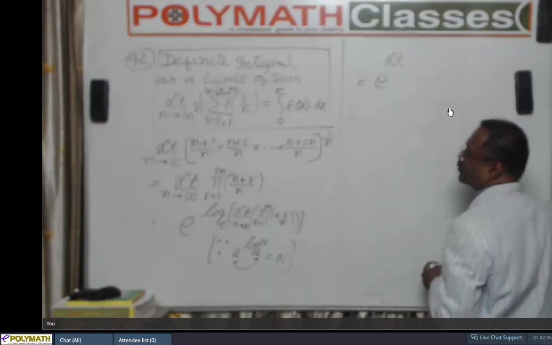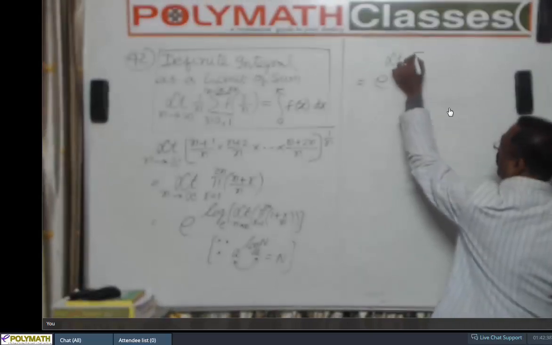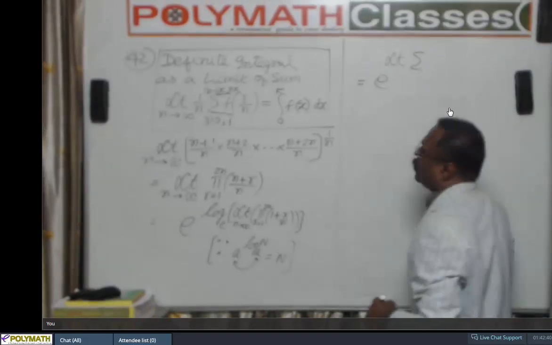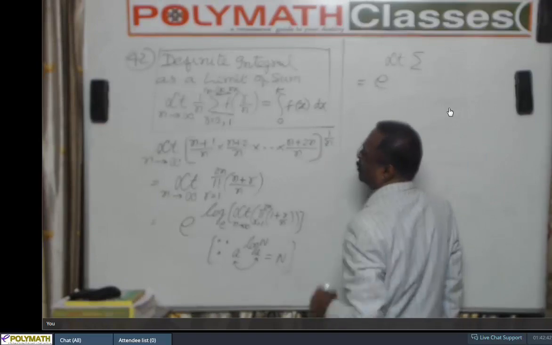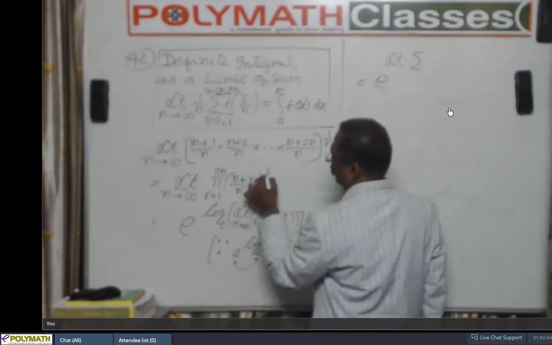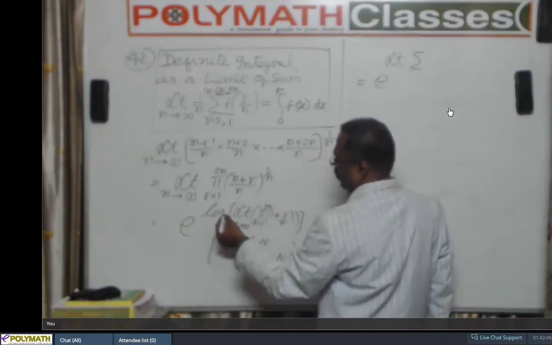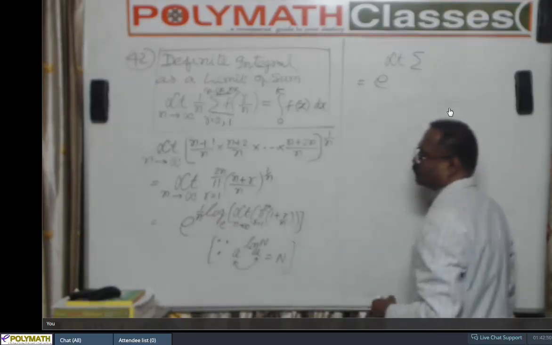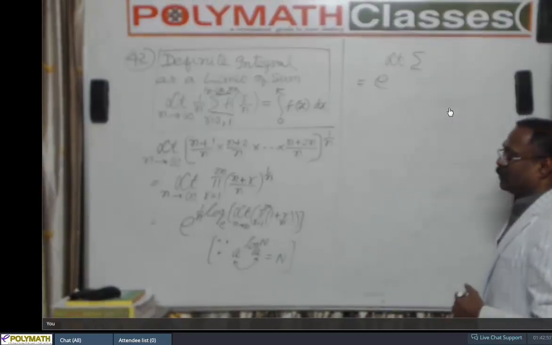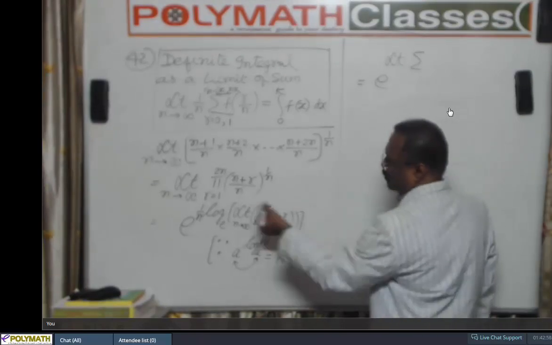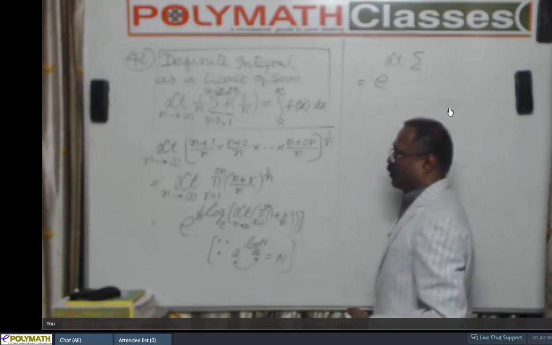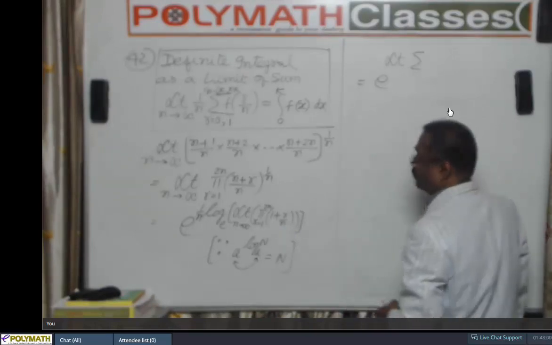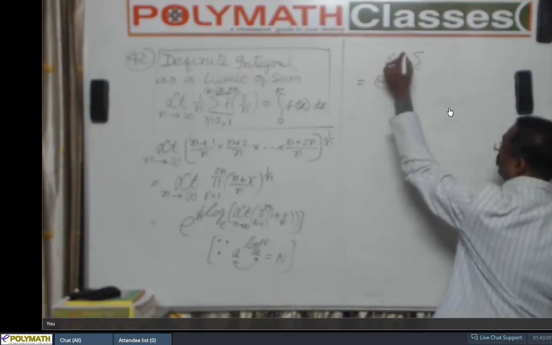So limit of sigma. And don't forget, you have 1 by n here. So this is whole power 1 by n. When you apply logarithm, that 1 by n comes out. Otherwise, you mention it here. So you will have 1 by n also outside.